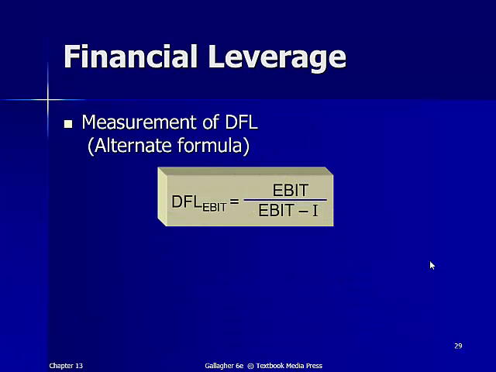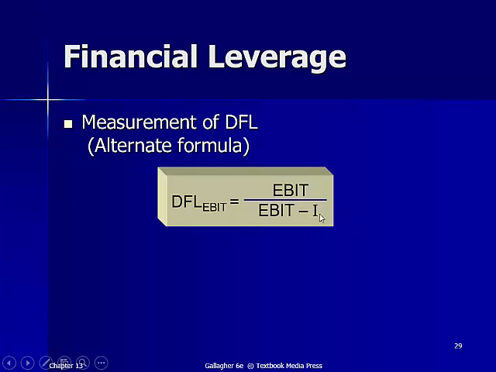Once again, we have an alternate version of the formula using year 1 figures: EBIT over EBIT minus I. That is, earnings before interest and taxes over earnings before interest and taxes minus interest expense. Once again, you can see that this minus interest expense is the key here. If interest expense didn't exist, such as if the firm were all equity financed, meaning it had no debt, its degree of financial leverage would be EBIT over EBIT, or 1.